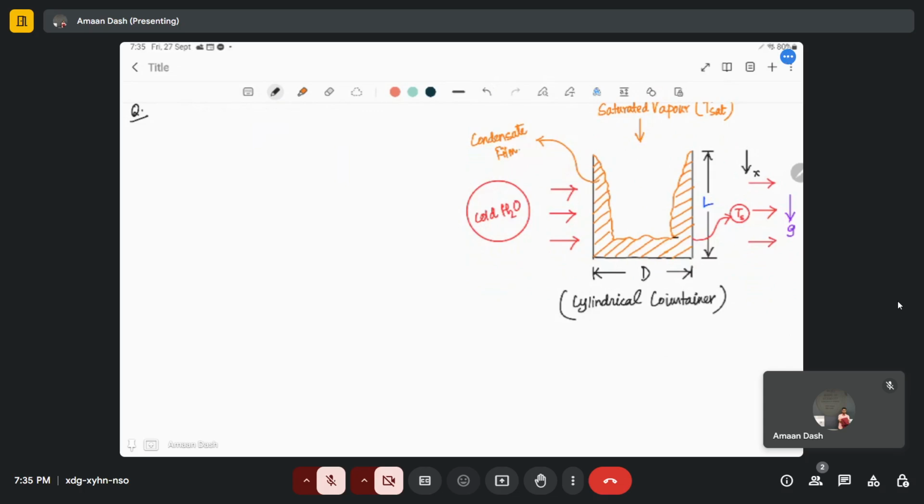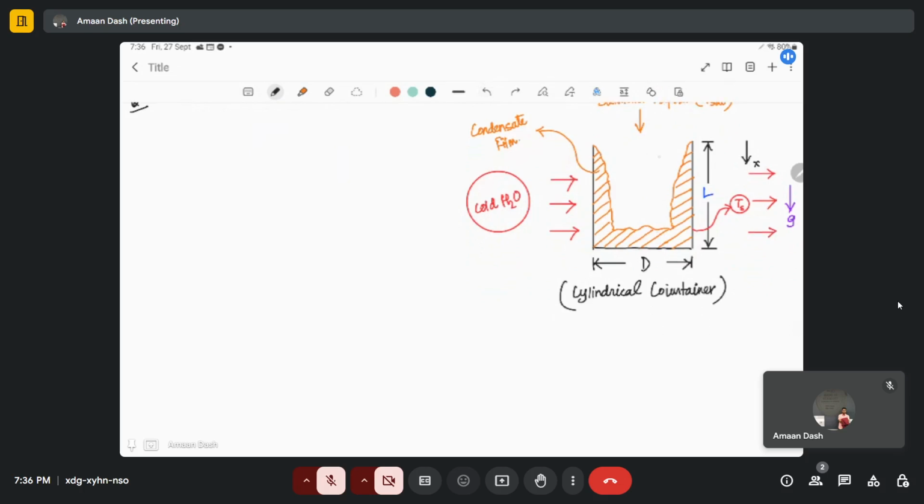Okay. And therefore, if these are very, very thin, then we can write the liquid mass in the container as, if from here to here this is x.